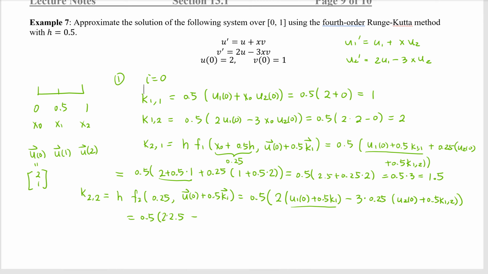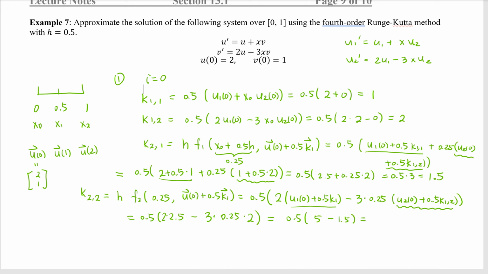So 2 times 2.5 minus 3 times 0.25. Well, what is this number? Well, this number is the same as this guy. And that equals, this is 2. That's the same as 2. Okay, 2 times 2.5 is 5. 2 times 0.25 is 0.5. 3 times 0.5 is 1.5.